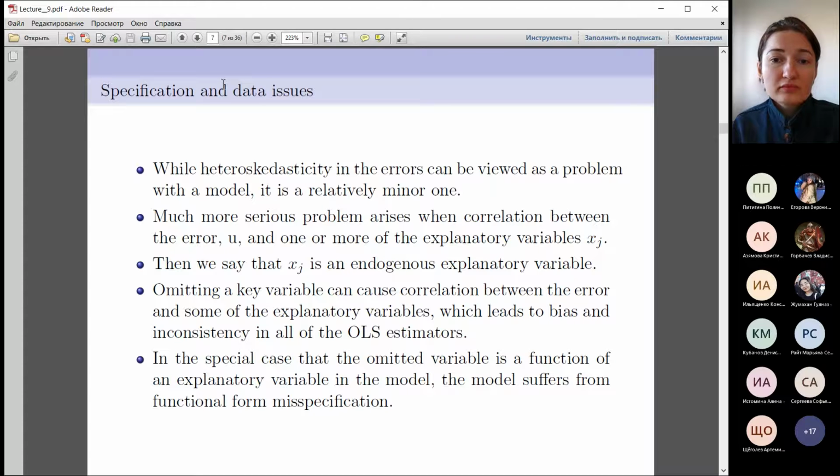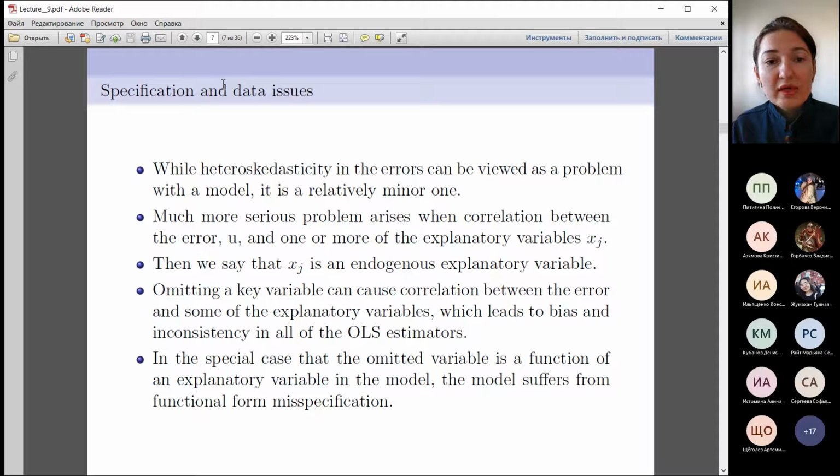And we learned how we can fix this problem, how we can change our standard errors, and how we can use robust standard errors, or in other words, heteroscedasticity-robust standard errors. This is one approach to deal with the heteroscedasticity problem. But this is a relatively minor problem.